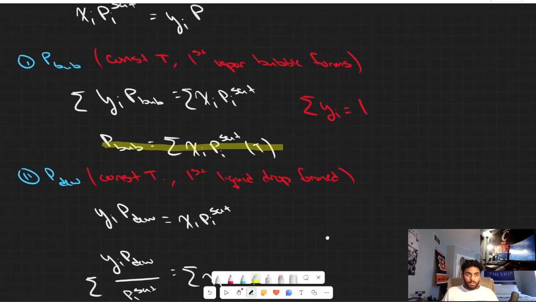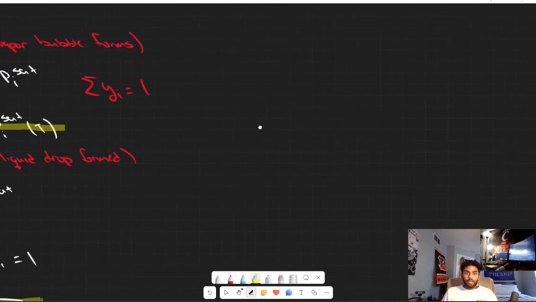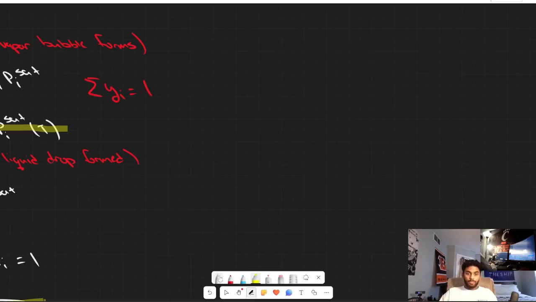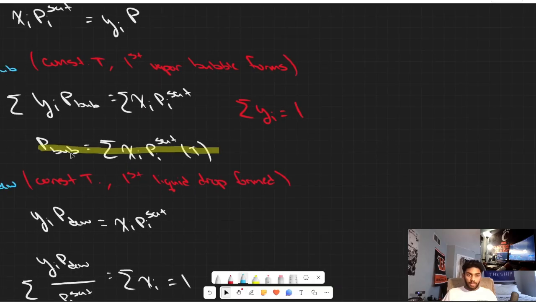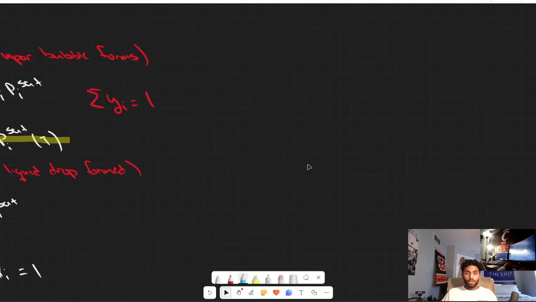Now, calculating our bubble temperature is going to be a little bit different. It kind of won't be this nice and easy equation. In fact, we'll have to do a little bit of solving backwards almost. So let's do number 3. Number 3 is going to be our bubble temperature.